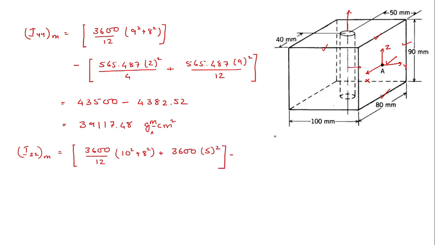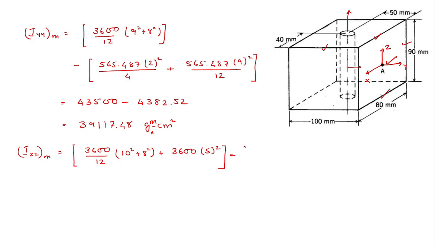Now due to the cylindrical portion, this corresponding axis is a cylindrical axis. In the earlier two cases it was the central diameter axis, but in this case this is a cylindrical axis. So the equation is half m r square.